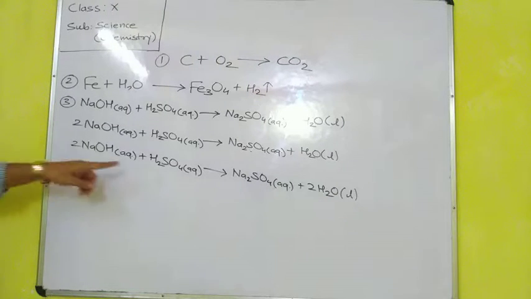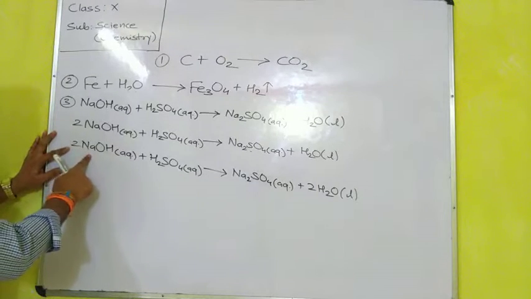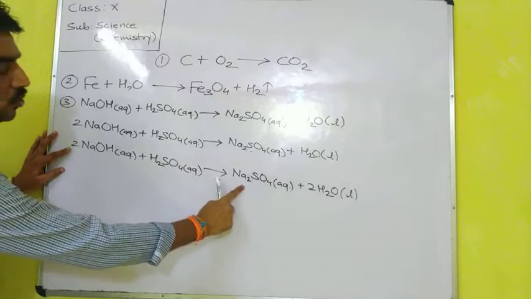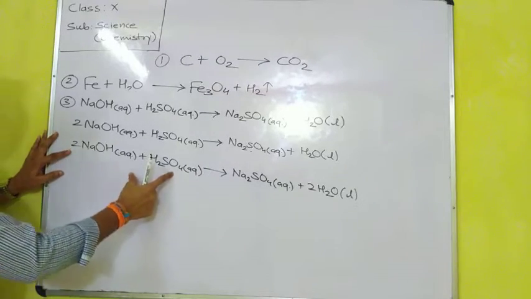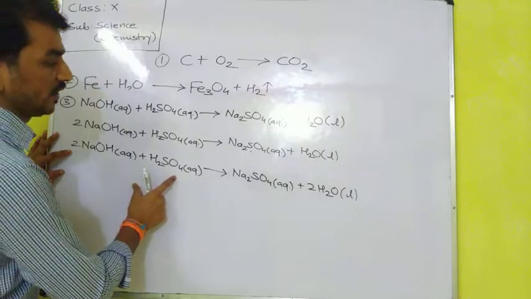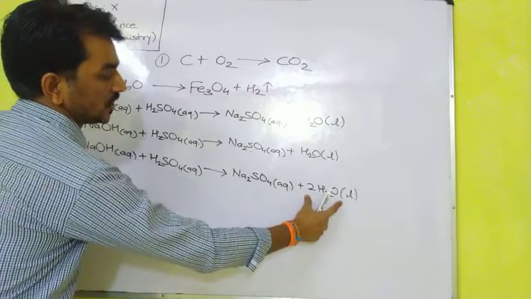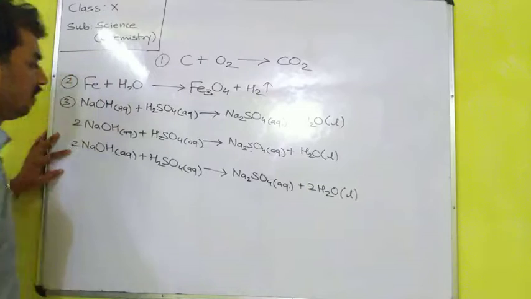After that, 4 plus 2, now it is balanced. Okay, again we have to check from the starting. 2 atoms of sodium, and here also 2 atoms of sodium. Then 2 plus 4, 6 atoms of oxygen in the reactant side. 4 plus 2, 6 atoms of oxygen in the product side also.